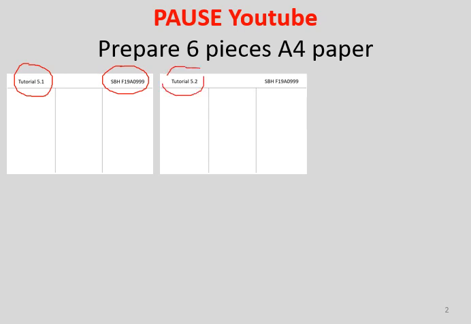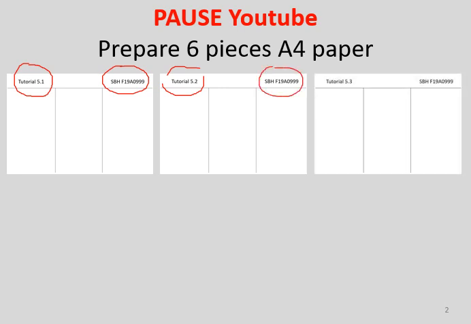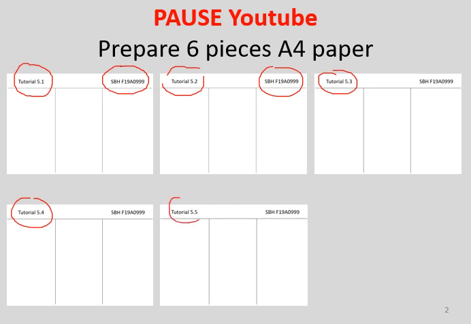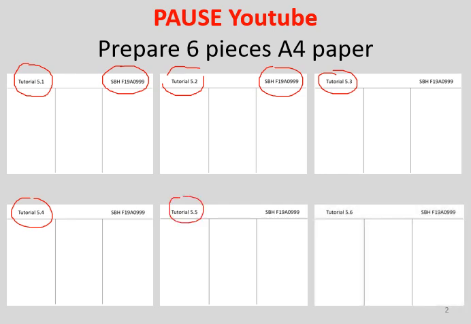You have the title tutorial 5.2 and then your student ID, tutorial 5.3, tutorial 5.4, tutorial 5.5, and the last one, tutorial 5.6. Pause this section first and create those 6 pieces of paper.